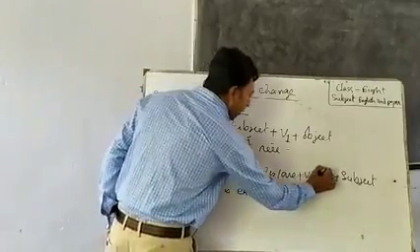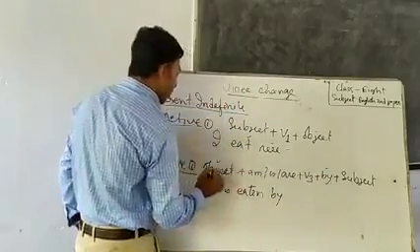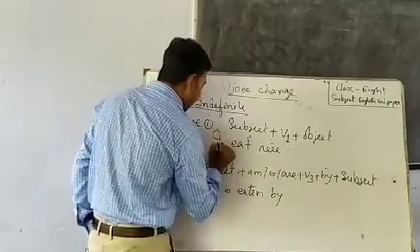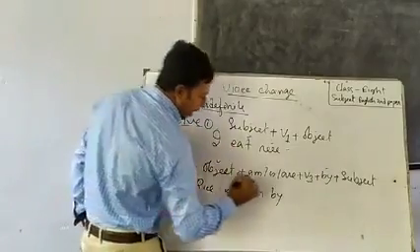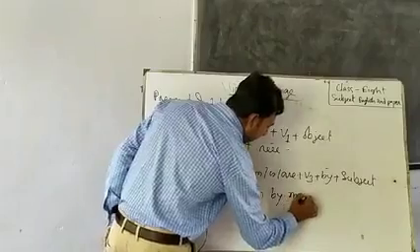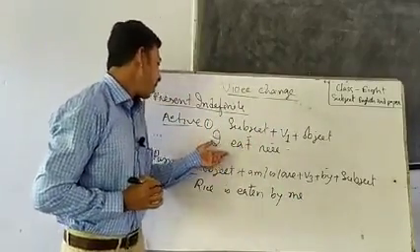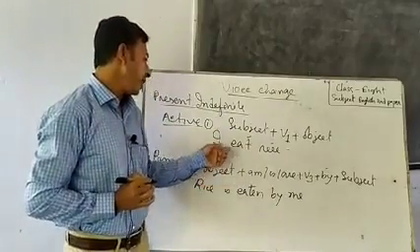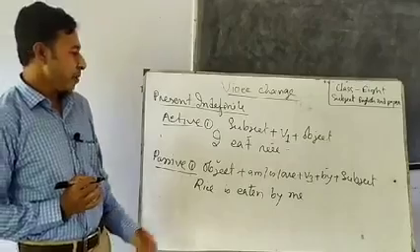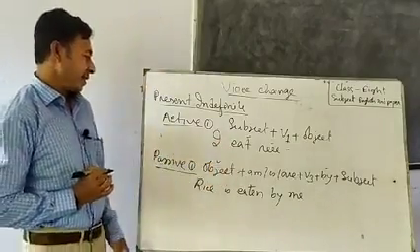Then I write by. And I write subject. When I write subject, we write I, and when I write it as an object, we write me. Dear student, here is the complete active to passive change, and this sentence is present indefinite tense.